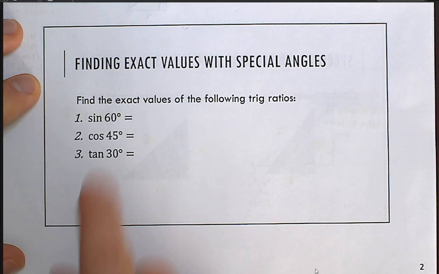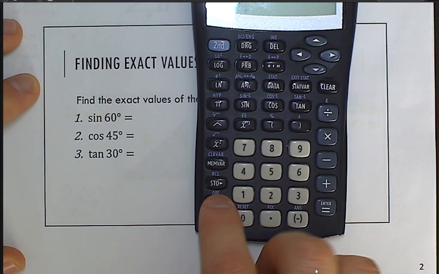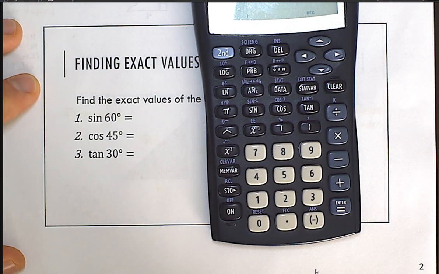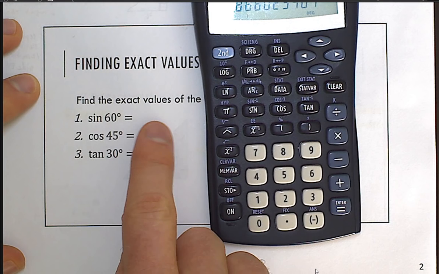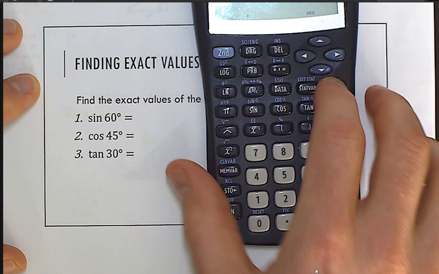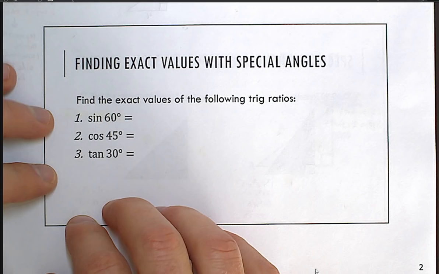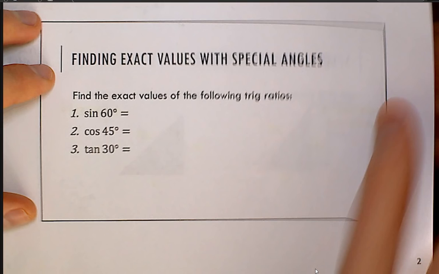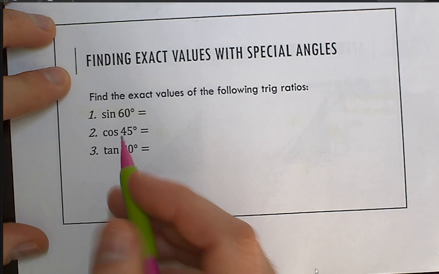Now, I'm not saying, hey, take out your calculator and go sine of 60, right, and hit equals, and you're going to write down 0.86602. No, that's not what we want. We want the exact value in terms of what we just talked about here. So what I'm going to do, instead of going back and forth, is draw these triangles again very quickly. Get this straightened out here for you.